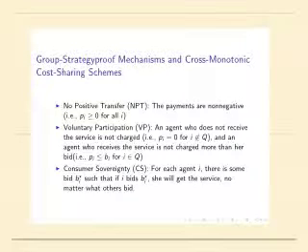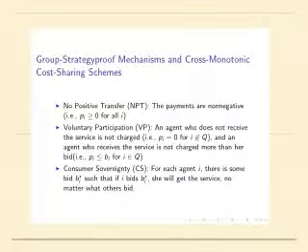We look for mechanisms called group strategy-proof mechanisms, which satisfy the following property in addition to NPT, VP, and CS. Let S, which is a subset of A, be a coalition of agents, and u and u prime be two vectors of bids satisfying u_i equals u_i prime for i not in S, and we think of u as the values of agents and u prime as a vector of strategically chosen bids.